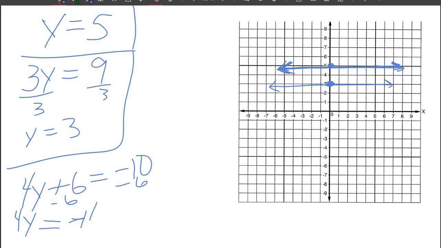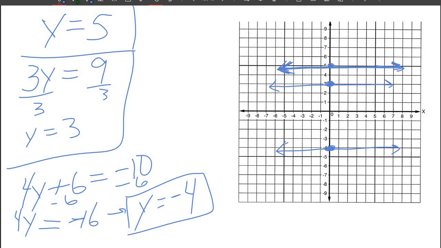We'll get negative 16 on the right. Divide by 4 and we'll get negative 4. So this is a horizontal line. We locate negative 4 and draw a line through it. So horizontal lines only have one variable, and that variable is a y.